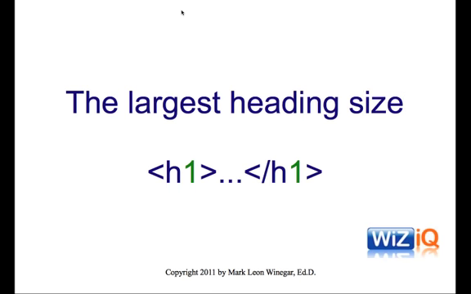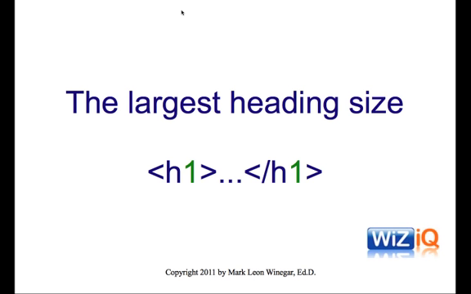We also looked at headings, and we did an H1 heading. H1 is the largest heading size. There are 6 different heading sizes, beginning with H1 and ending with H6. H1 is the largest, H6 is the smallest.